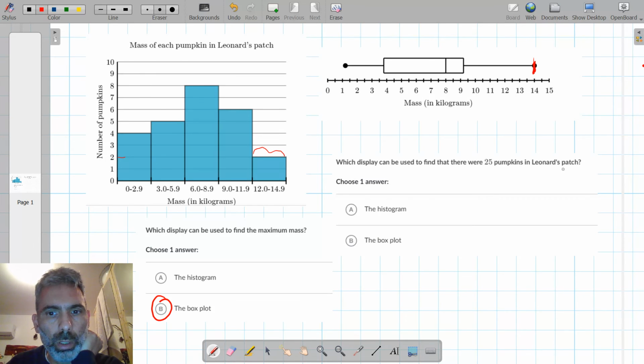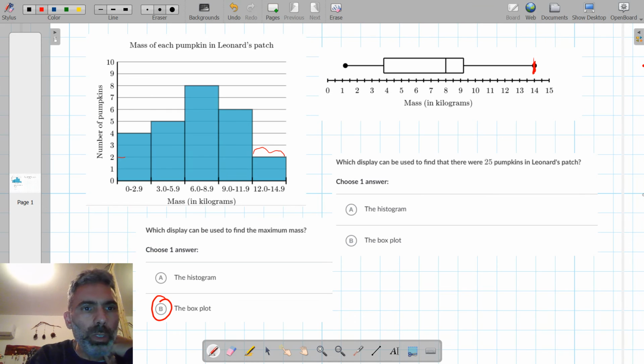Okay, so the box plot is not good for this because the box plot does not tell us how many data points are represented in the graph, whereas the histogram, we can tally the number of pumpkins of each bar. So we have 4 pumpkins in this range and 5 pumpkins in this range, and another 8 here, and 6 pumpkins here, and another 2 pumpkins here.